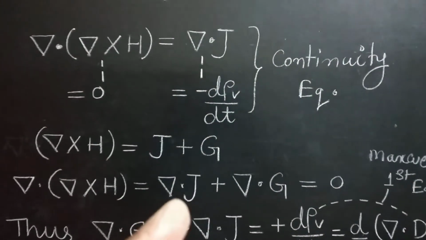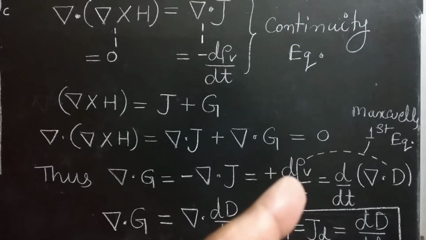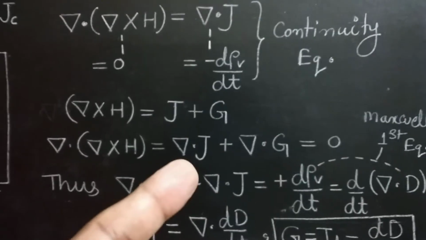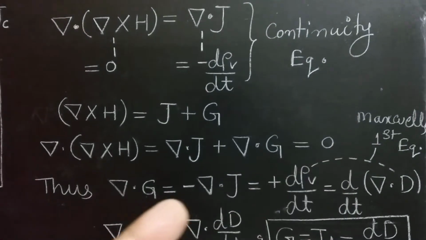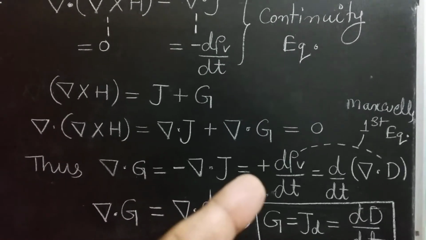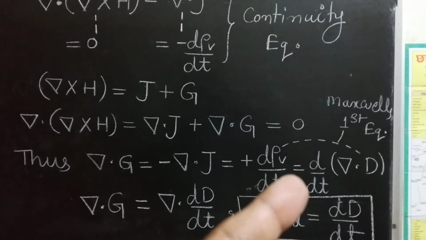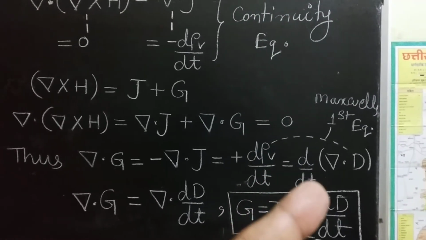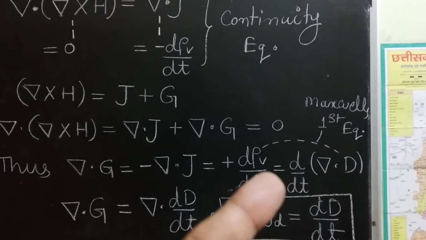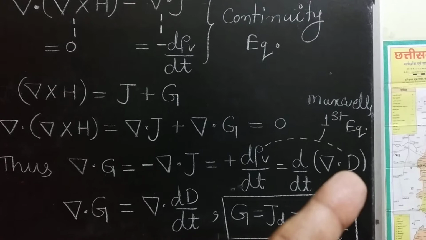But as we know, divergence of J is equal to minus del rho V by del T. Thus divergence of G equals plus divergence of rho V by del T, which may be written as d by dt of divergence of D, because rho V from Maxwell's equation must be equal to divergence of D.